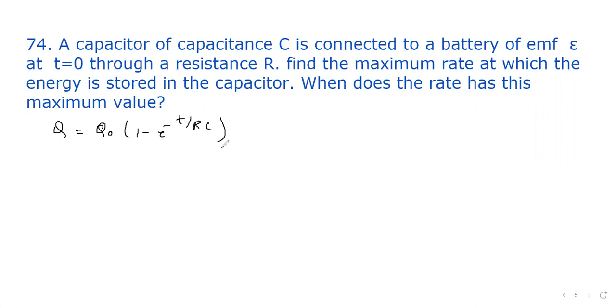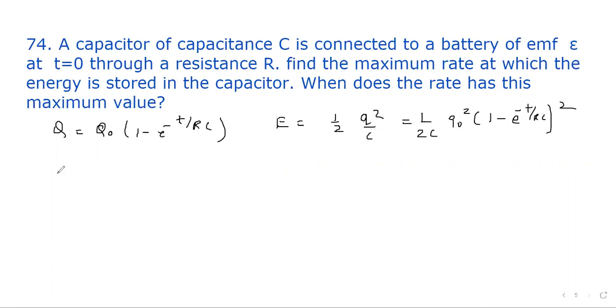This is the case of a charging capacitor. Energy is given by 1 by 2 Q square divided by C, that is 1 upon 2C times Q0 square times 1 minus e to the power minus t upon RC whole square.